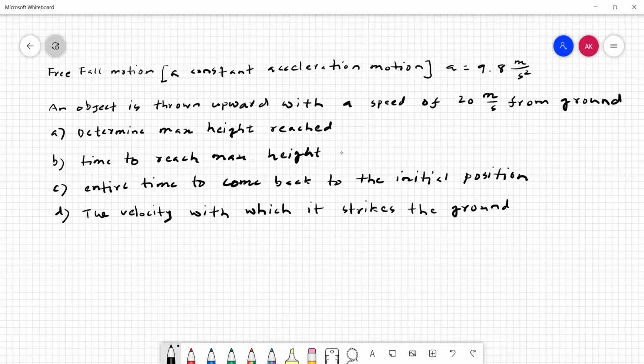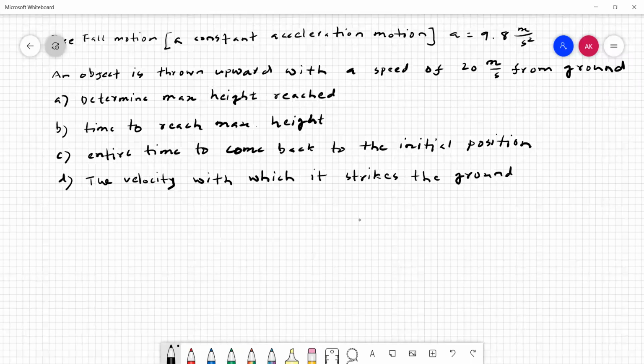So we'll first do problem A. We have to find the maximum height. This is a free fall motion, and we know the acceleration of that motion is 9.8 meters per second squared. The very first thing we need to do is draw the diagram of the problem.